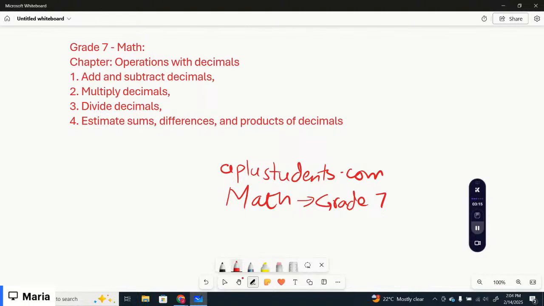We're going to start with the chapter operation with decimals. And the lessons we're going to cover today are add and subtract decimals, multiply decimals, divide decimals, estimate sum differences and products of decimals.